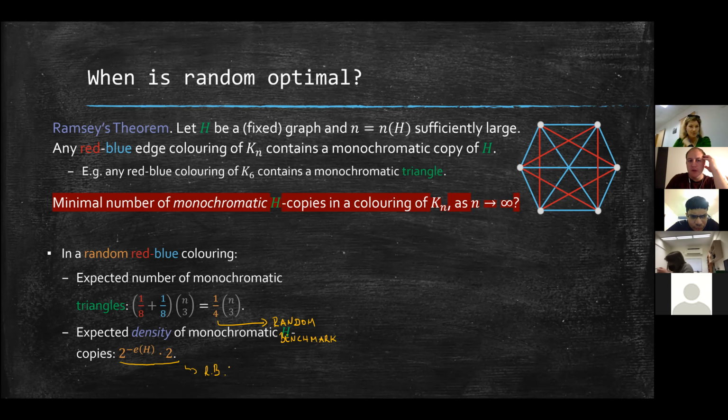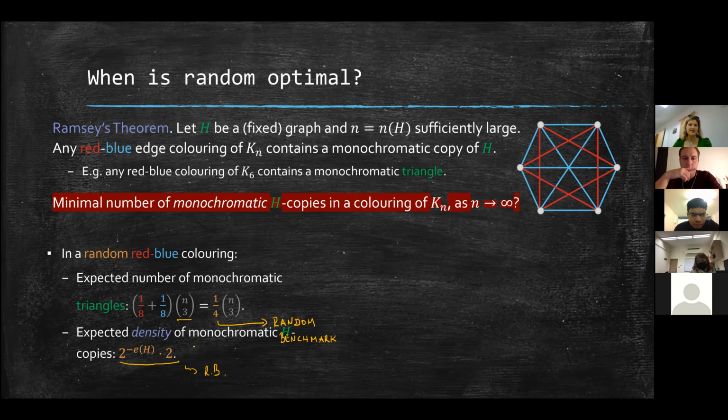So by density, you just mean the fraction of monochromatic versus all copies. Yes, exactly, which is my next remark. For triangles, we just counted triangles, but it's more elegant to work with the density, because then you don't have to worry about normalization.